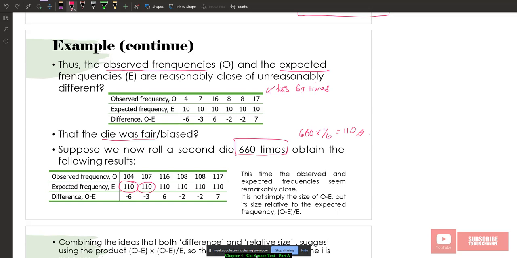This time the observed and expected frequencies seem remarkably close. We can see they get closer and closer. So simply we can say that this is a fair die. Because the more trials we do, the closer the results get to the expected frequency.